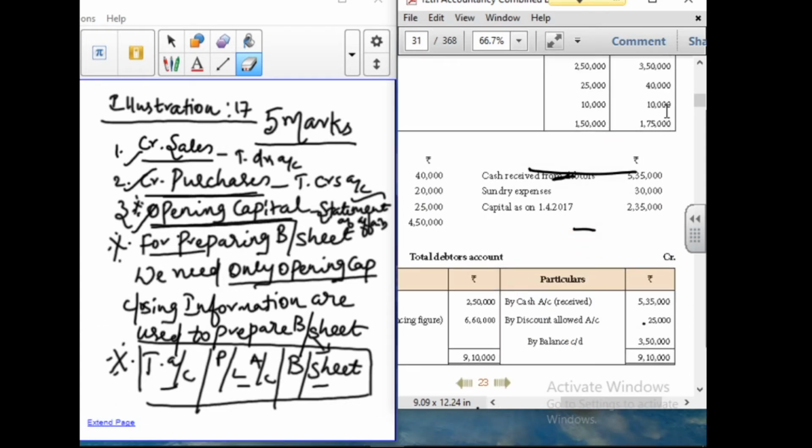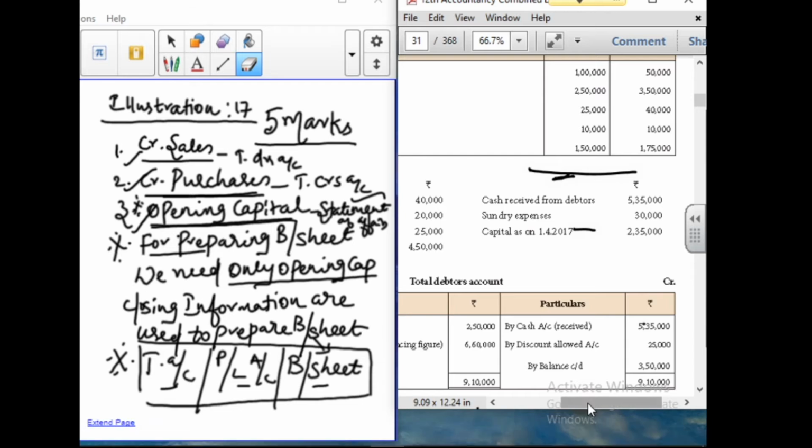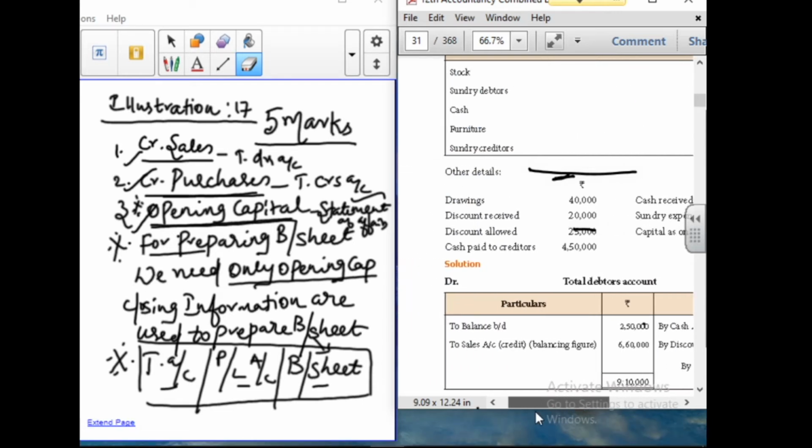Just look into the question, where does this opening stock appear? Opening stock is given.